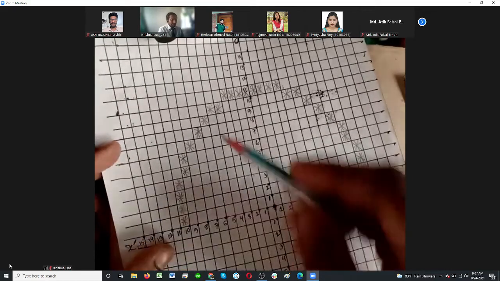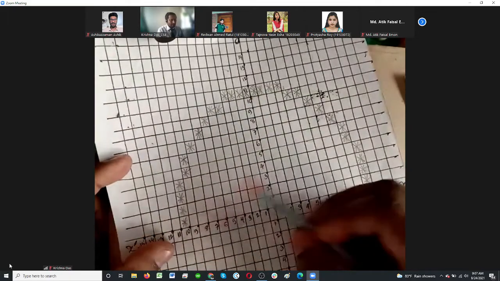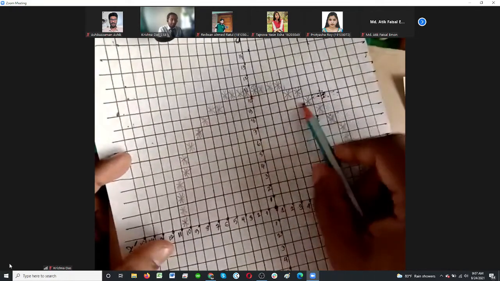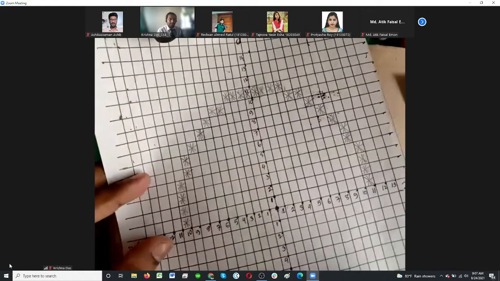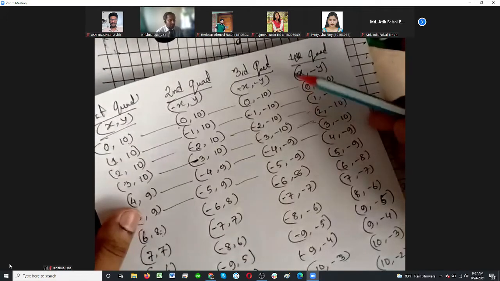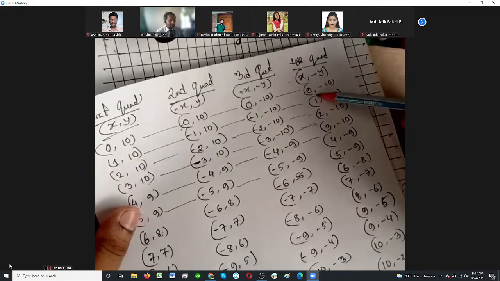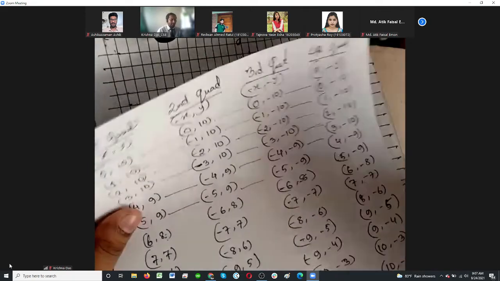So this is what we got for the second quadrant coordinate values, and you see that we are getting a shape now for that half of the circle. Now we have got a shape, and in the same way we can draw the other two quadrants, which is 0, minus 10, as you can see, in both of the cases.